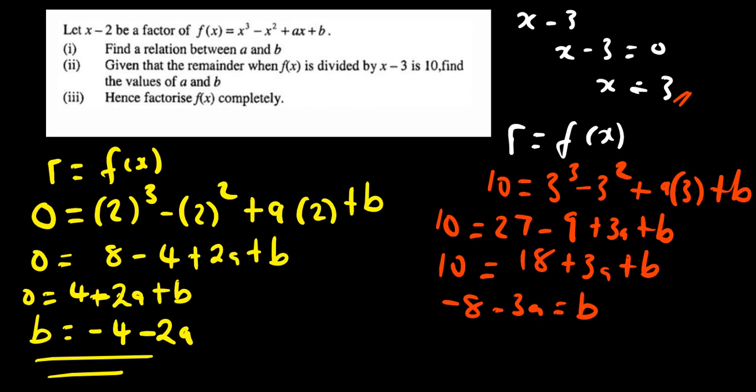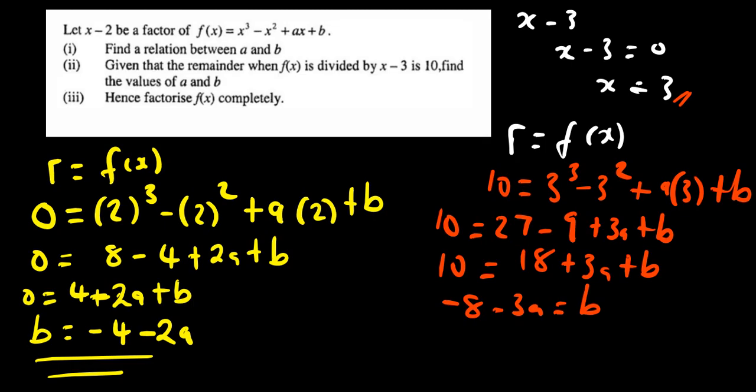So now we have two expressions of b, this one and this one. How do we now find the values of a and b using these expressions? We just solve them simultaneously.